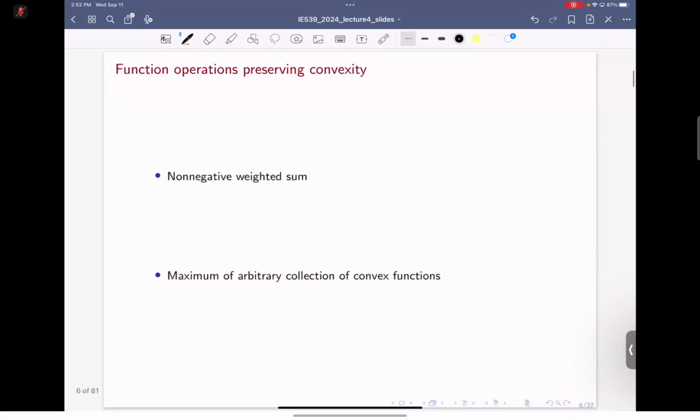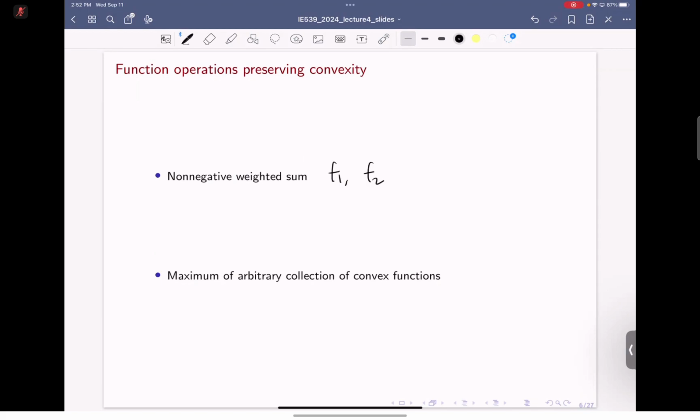Great. Now we talk about function operations. So here let me take two functions, f1 and f2. But here we need to be careful about taking non-negative weights, because if you remember the definition of concavity, if you take a negative scaling of a convex function, you get a concave function.